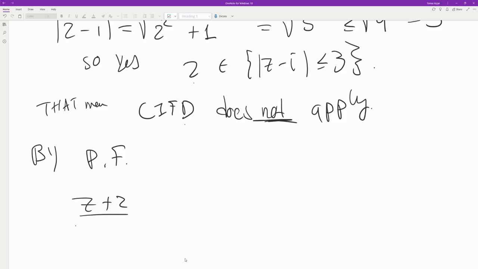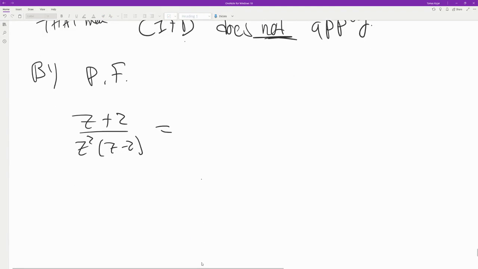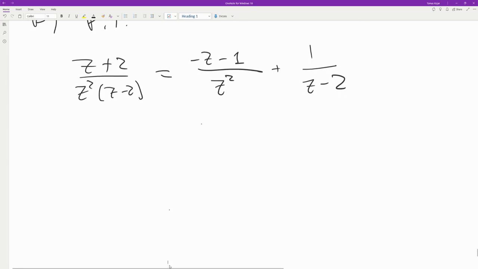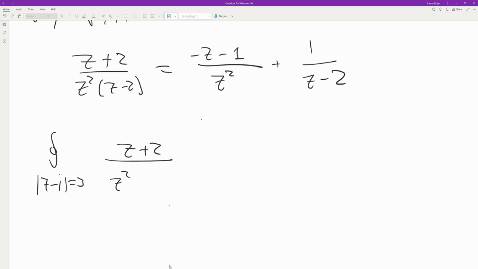The integrand is the following: minus (z minus 1) over z squared, plus 1 over (z minus 2). Good. All right. So this is z minus 2. We split.